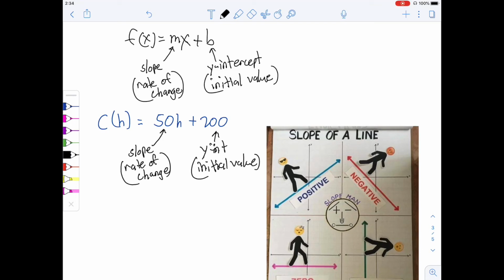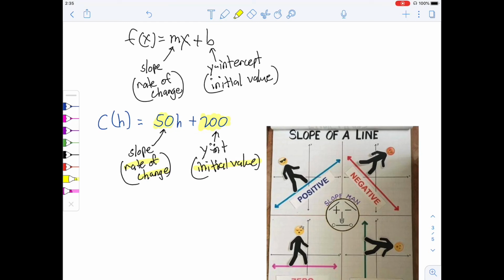Okay, so when you find out what is the cost for a certain amount of hours, we know that the initial cost is $200. So something costs us $200. The rate of change is how much it charges, so like it charges $50 per hour.